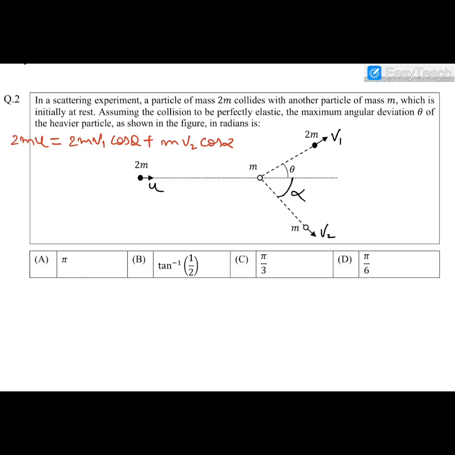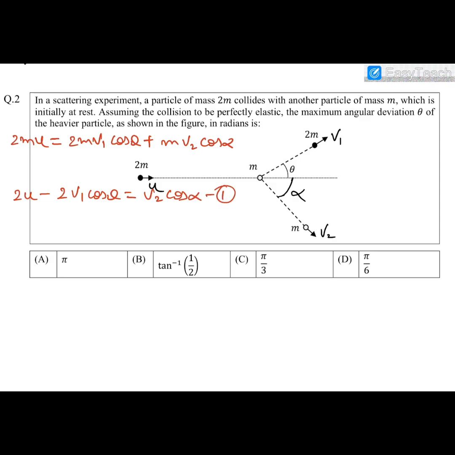If we simplify this equation further, it would be 2u minus 2v1 cos theta equal to v2 cos alpha. This is the first equation.